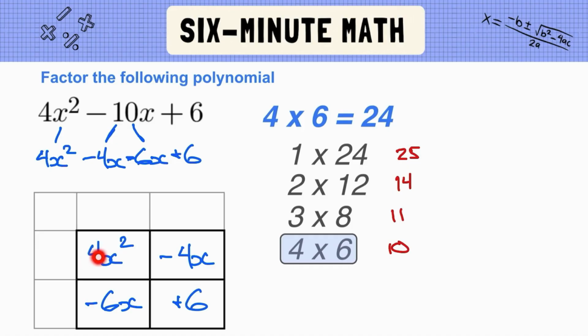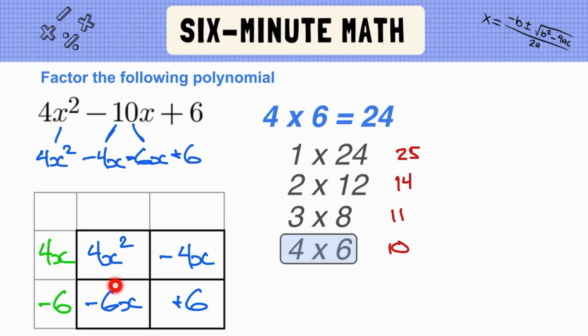Well, let's factor this row. 4x squared minus 4x, I can take out a 4x from that. Negative 6x plus 6, I can take out a negative 6. Please remember that if our edge term is a negative, that negative is going to come out into our binomial.